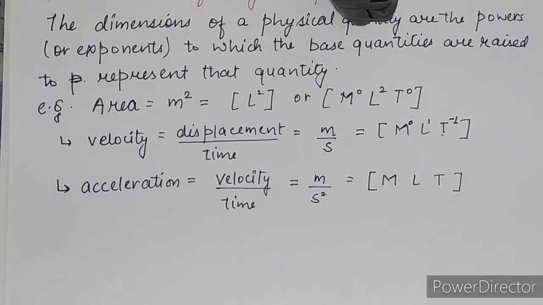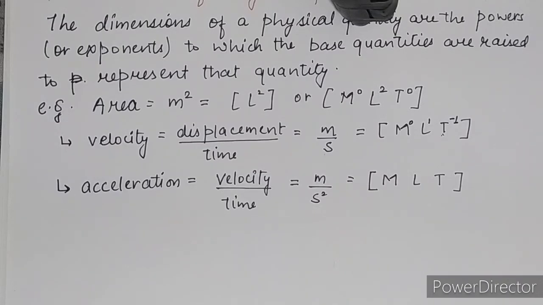Temperature and current will be used in your 12th standard. Candela and mole are not used in the 11th standard; most probably only MLT is used. In your syllabus, approximately 90 dimensional formulas are given in the form of a table.